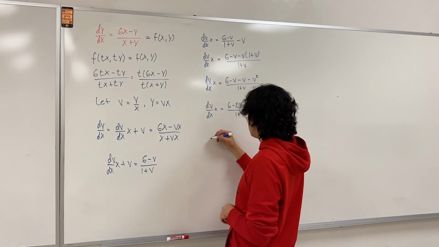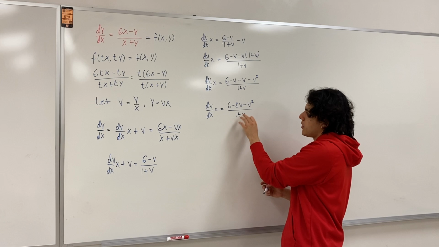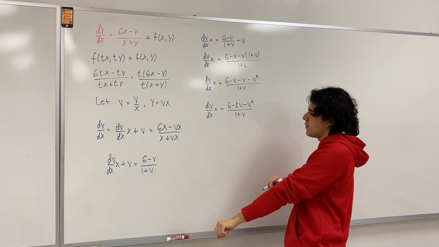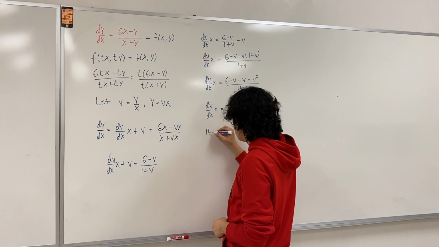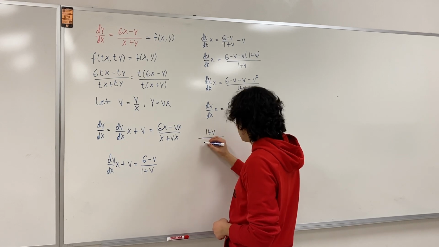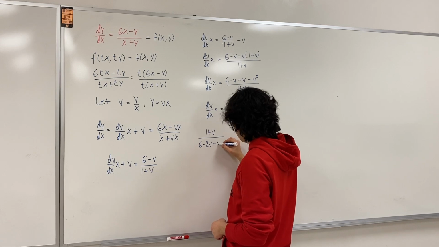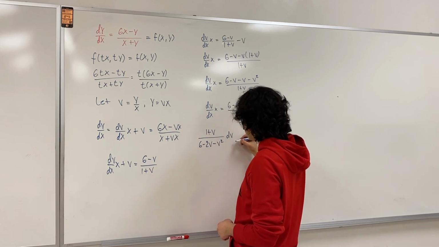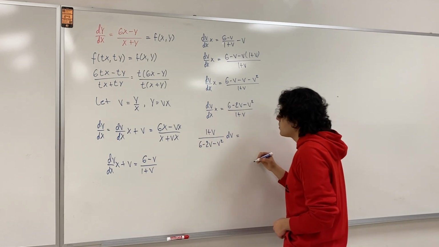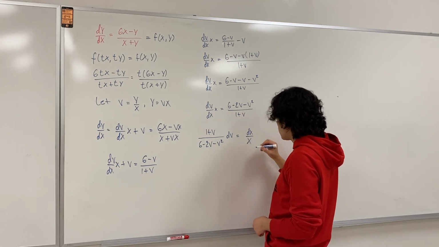So now, let's do separation of variables. So I'm going to multiply by the reciprocal of this on the left hand side of the equation, and we are going to have (1 plus v) divided by (6 minus 2v minus v squared), and then this entire thing times dv, and this will be equal to dx divided by x, okay?